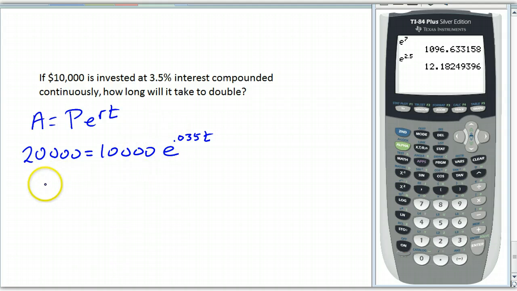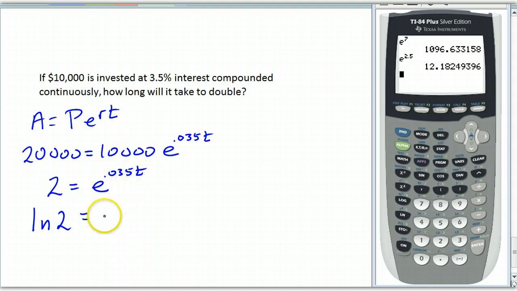Let's divide everything by 10,000. And now we're ready to take the natural log of both sides. And the natural log of e to the exponent is equal to the exponent. So the natural log of 2 divided by 0.035 is t.